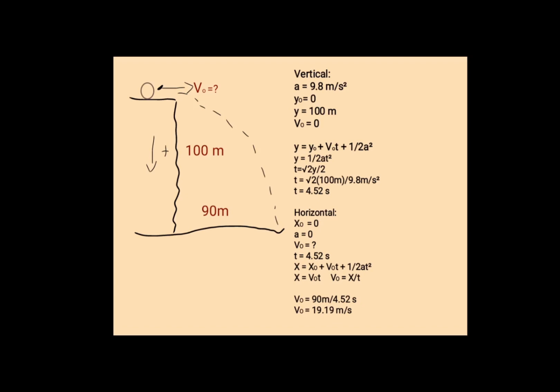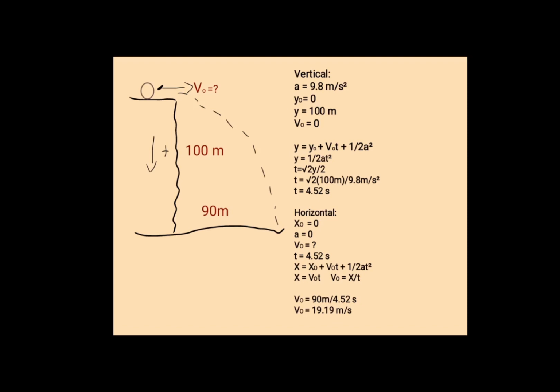The equation we are going to use is x equals x sub 0 plus initial velocity times time plus 1/2 acceleration times time squared. But the values of x sub 0 and acceleration are 0, so we cancel the two. Then the final equation we get is initial velocity times time.